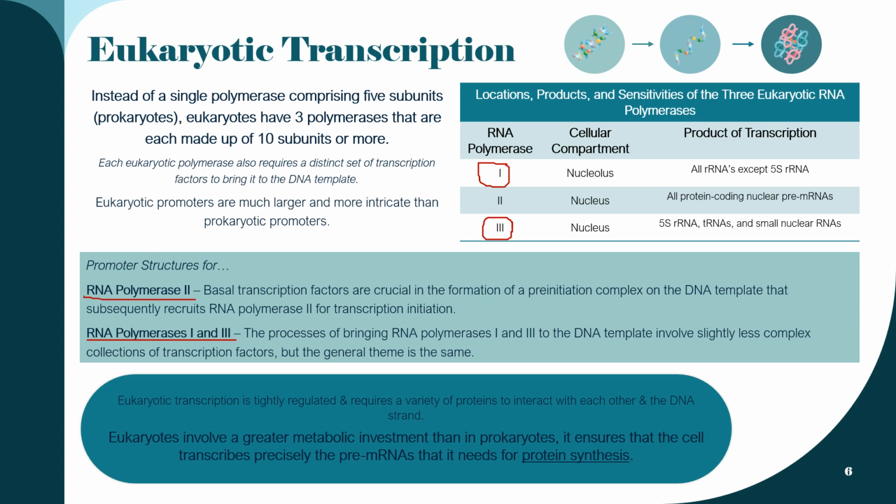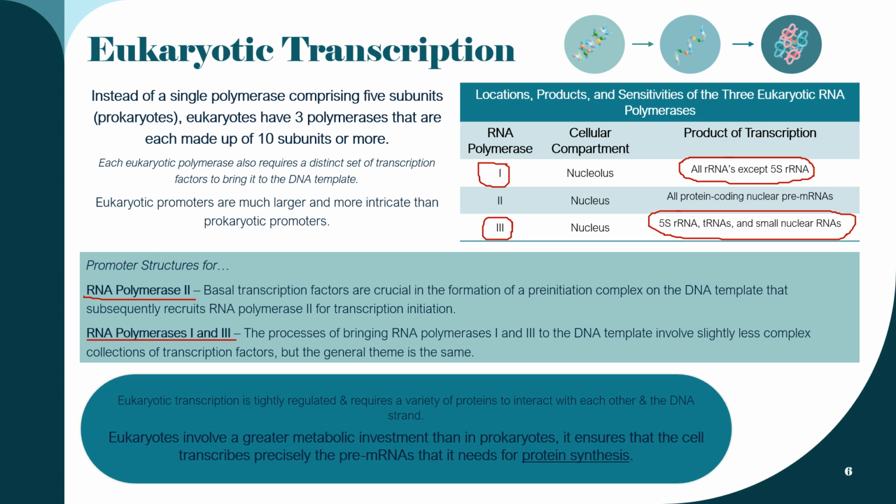What's different is typically the product. So for 1 and 3, all of your RNAs except for what we call 5S RNA. So all of your ribosomal RNAs are going to be made by RNA polymerase 1. And it says here that 5S RNA, the transfer RNAs, and all small nuclear RNAs are made by RNA polymerase 3.